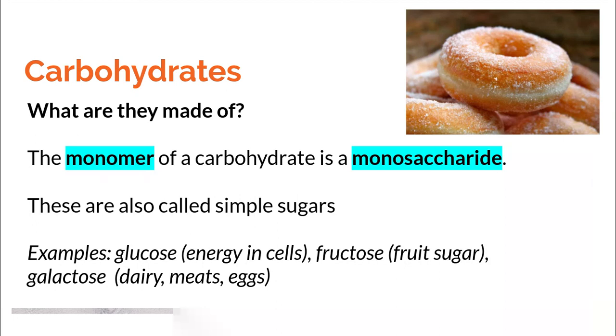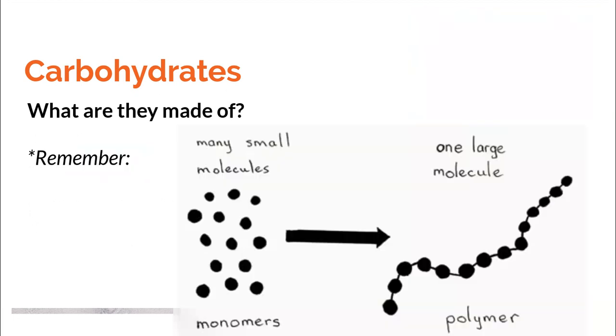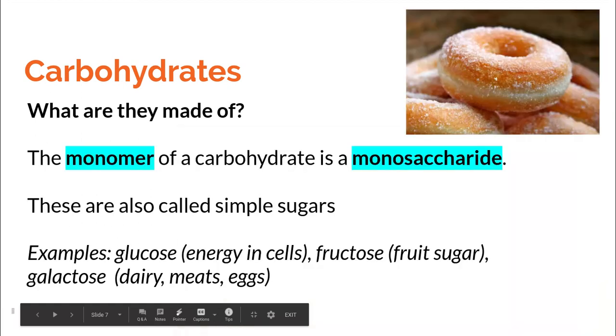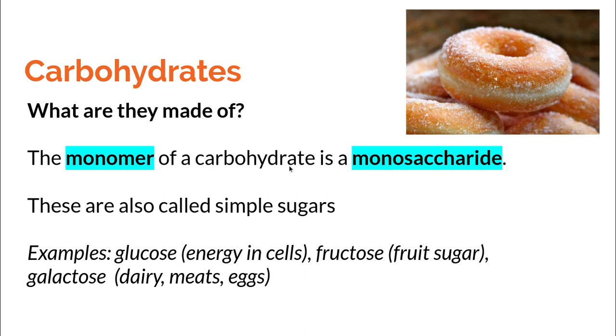The monomer of a carbohydrate, or the name for these small molecules of a carbohydrate, is called a monosaccharide. Mono means 1, and saccharide is referring to sugars. These are called simple sugars. They give you quick energy. For example, if you eat a donut or something else that's sweet and sugary, you might get a quick burst of energy. Sometimes we call that a sugar high, and then your energy lowers. So those are quick bursts of energy.